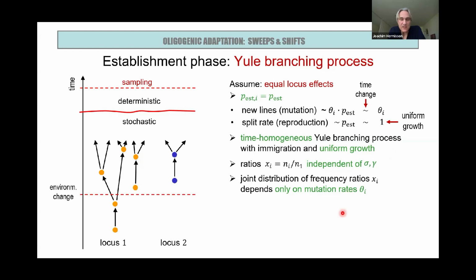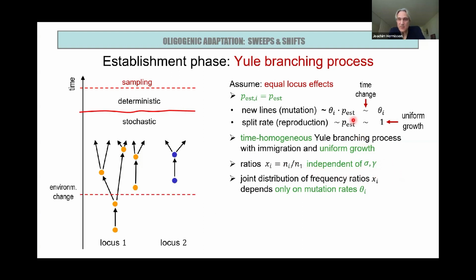It doesn't mean that if we now form ratios of the n_i to n_1, so this is the number of lineages at the ith locus to just another locus, let's pick the first locus, n_1, that these ratios or distributions of these ratios become independent of the selection parameters.